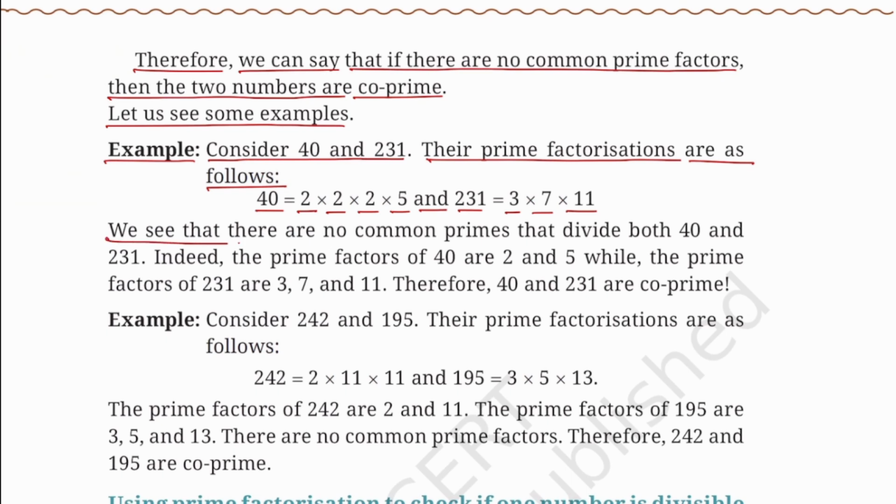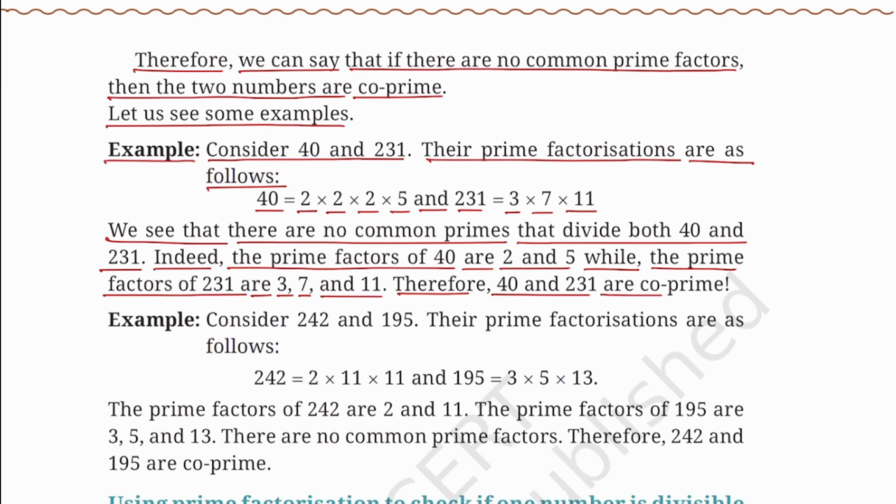We see that there are no common primes that divide both 40 and 231. Indeed, the prime factors of 40 are 2 and 5, while the prime factors of 231 are 3, 7 and 11. Therefore, 40 and 231 are co-prime.